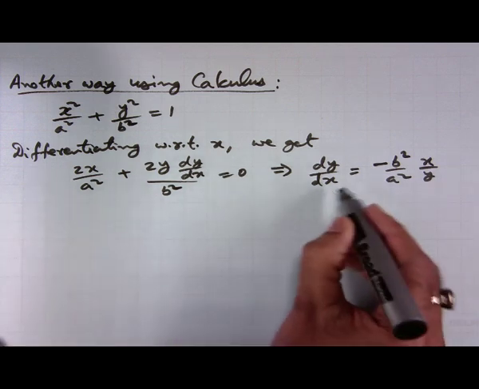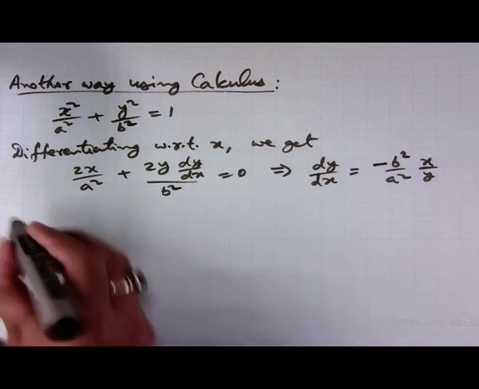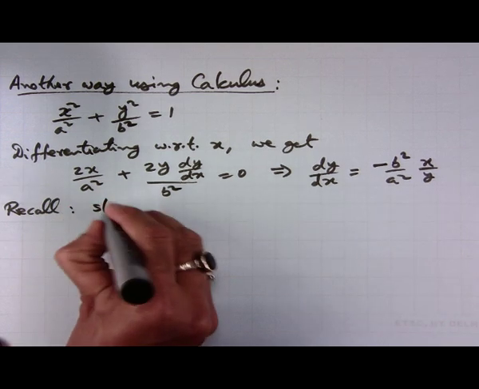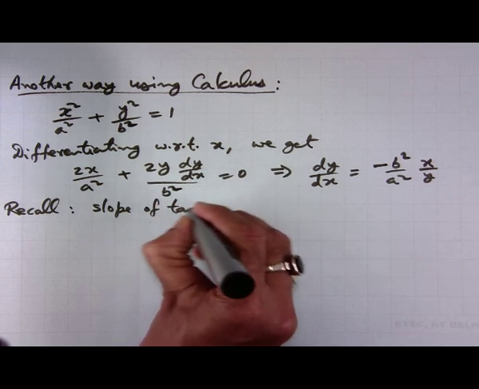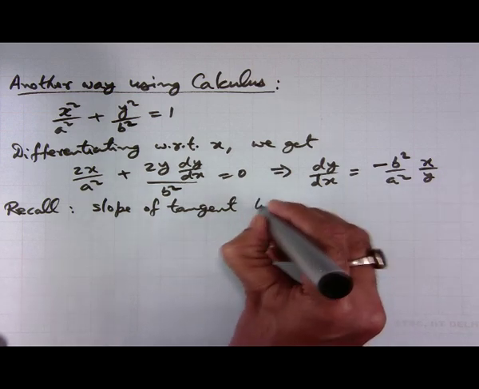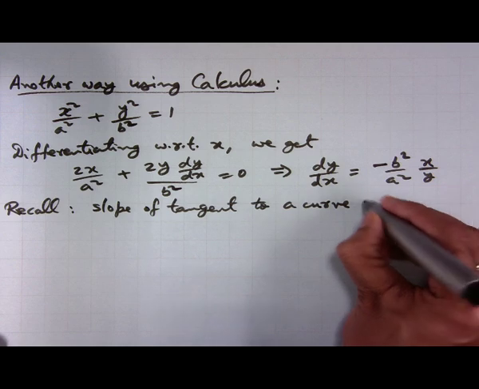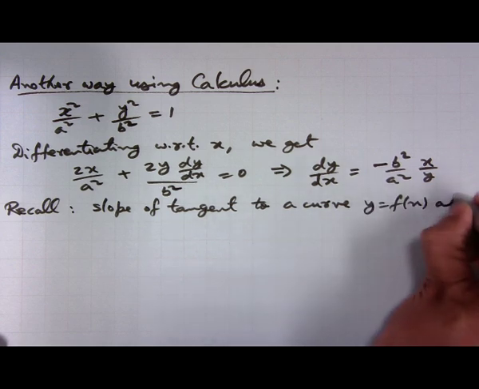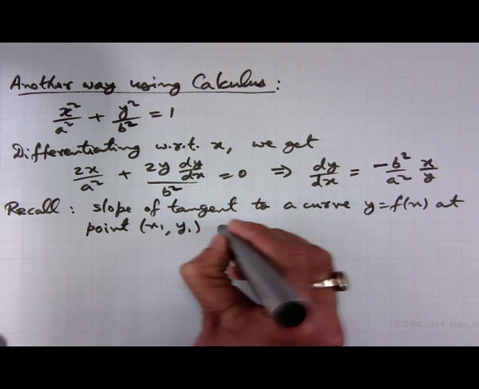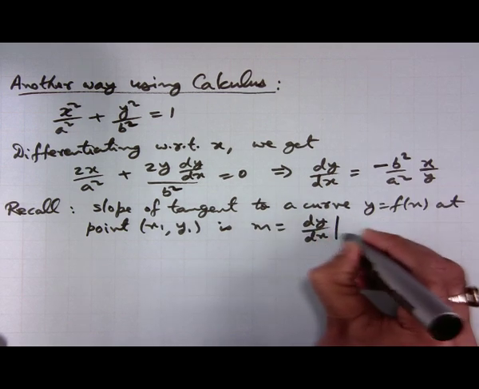Now, you know that the slope of the tangent line is nothing but the derivative at the point x1 y1. So, recall, slope of tangent to a curve y equal to f(x) at point x1 y1 is m equal to dy/dx at the point x1 y1.